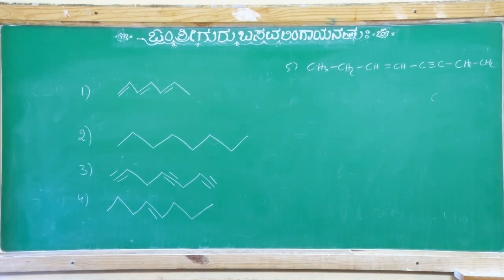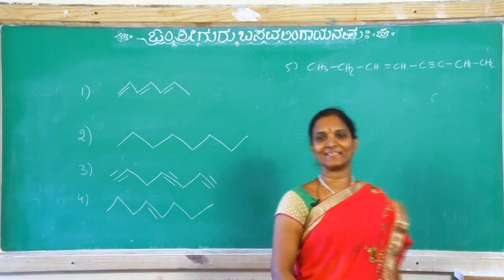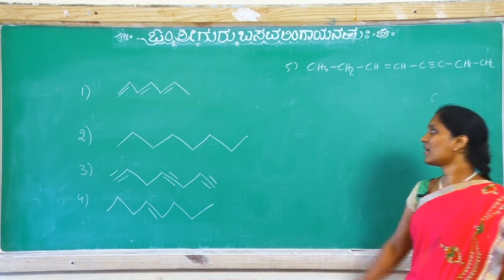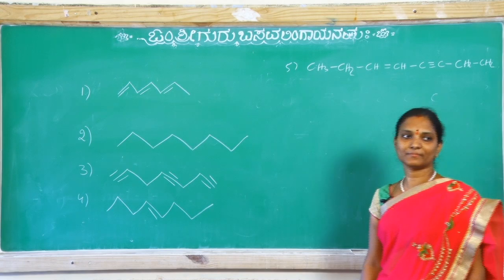Third one wrong. So you are concentrating, complete which is wrong, which is right identification. So all correct here. All correct, just you identify the names. Write the names.